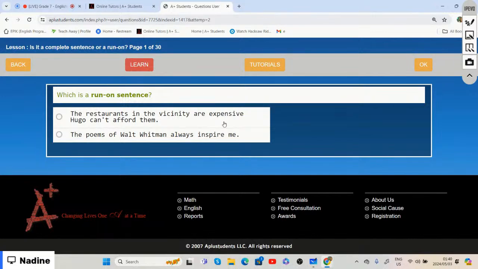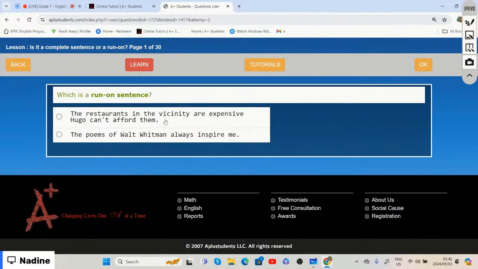So we now need to select the run-on sentence.